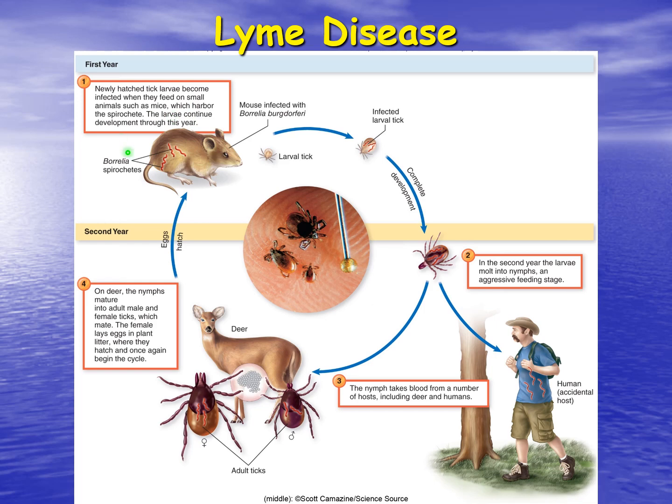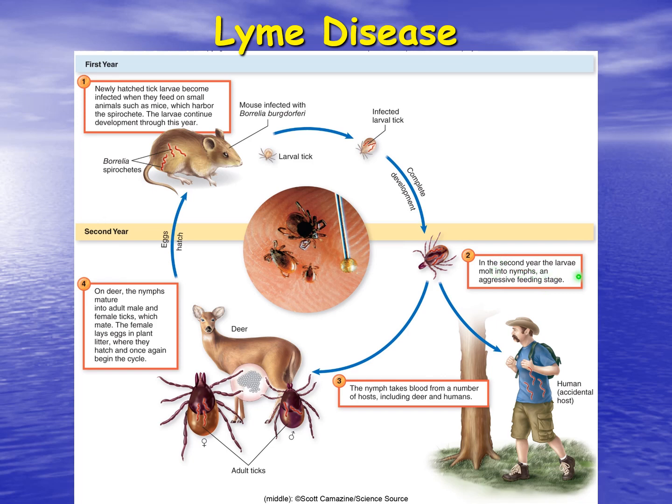They actually harbor or are the reservoir for the spirochete. The larvae will actually continue to develop then throughout the year, and the larvae tick will then develop into the adult tick that is also infected.